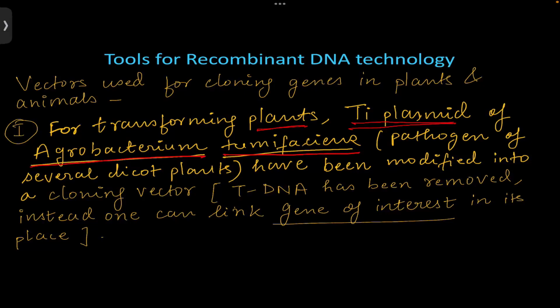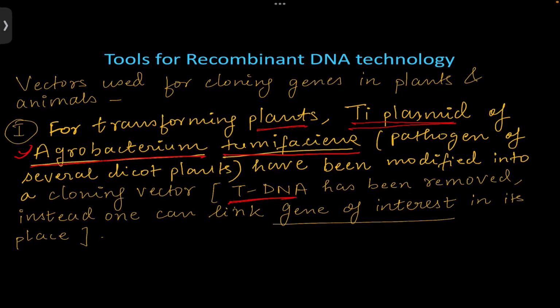The Ti plasmid contains a DNA called T-DNA, and this T-DNA is actually causing transformation of a normal plant cell into a tumor cell. So if we remove this T-DNA from the Ti plasmid, the pathogen is disarmed, meaning it cannot cause tumor.